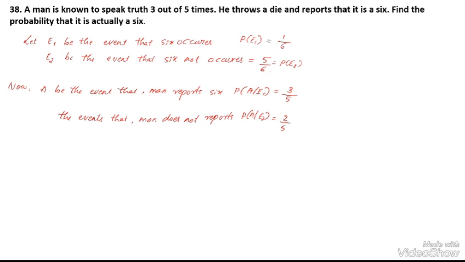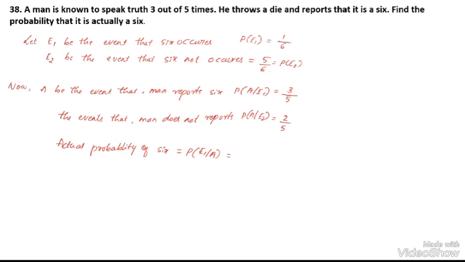So what is the actual probability? The actual probability of 6 is the probability of E1 given A. The statement says the probability that the man's report of 6 is actually a 6.